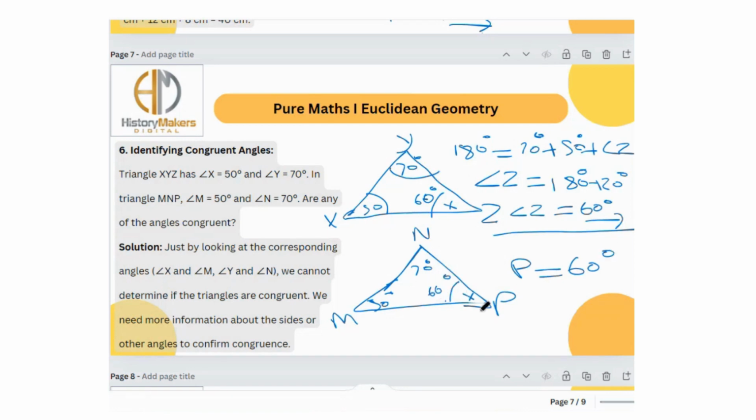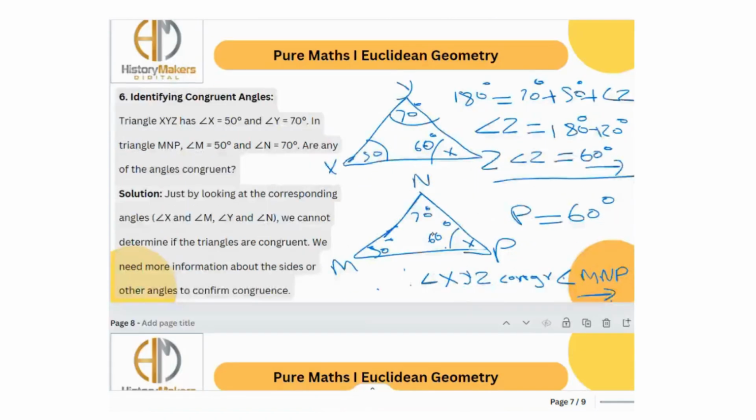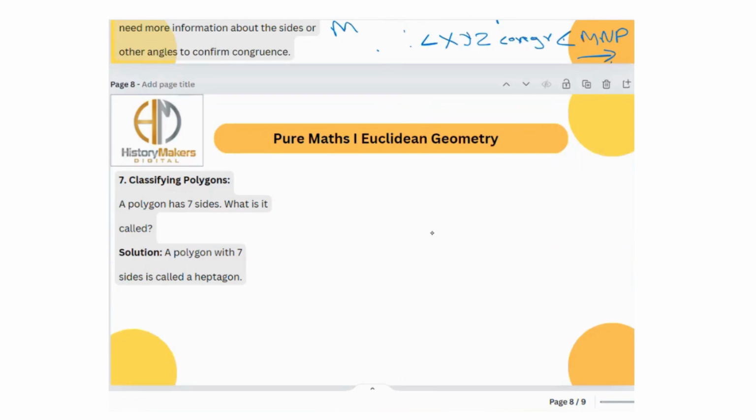And now that you have all the angles, we can therefore say triangle XYZ is congruent to triangle MNP. Okay, now that you have all the angles calculated, let's go to question number 7.